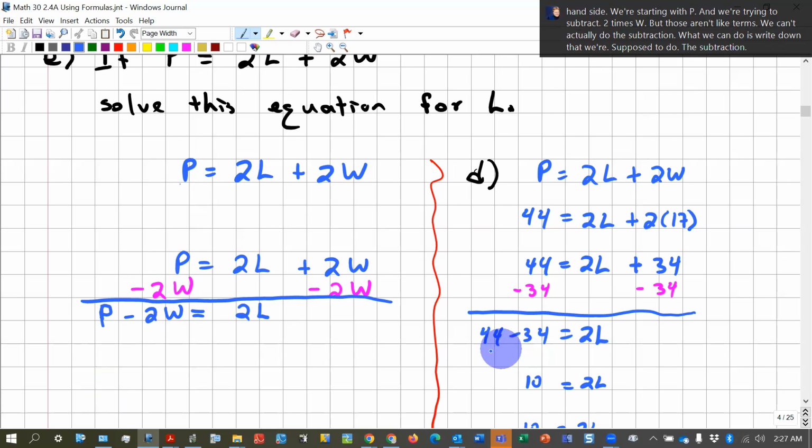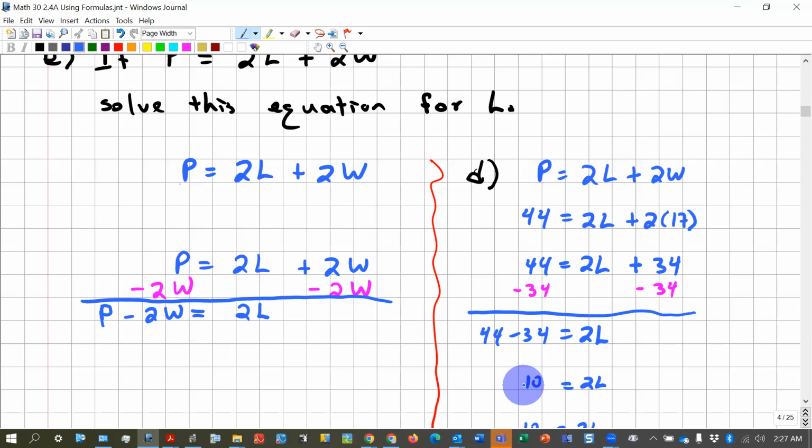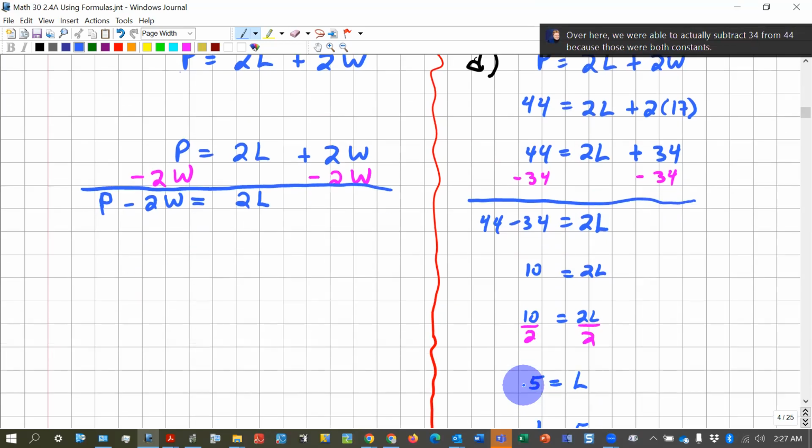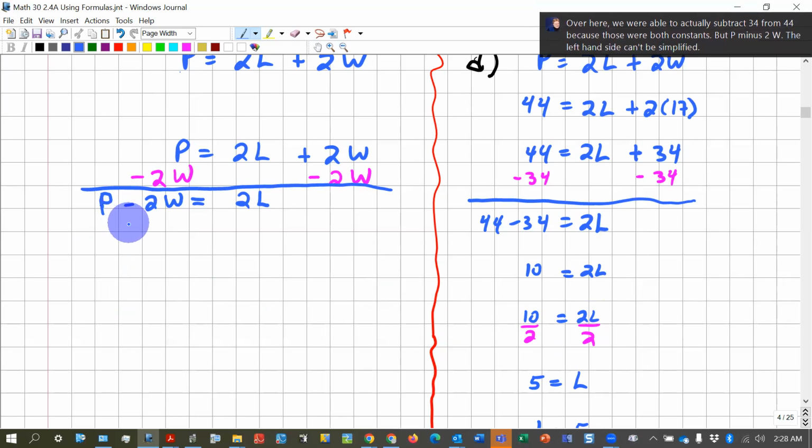Over here, we were able to actually subtract 34 from 44 because those were both constants. But P minus 2W, the left-hand side can't be simplified this time because I don't actually have numbers for P and W. I'm just pretending as if I did.